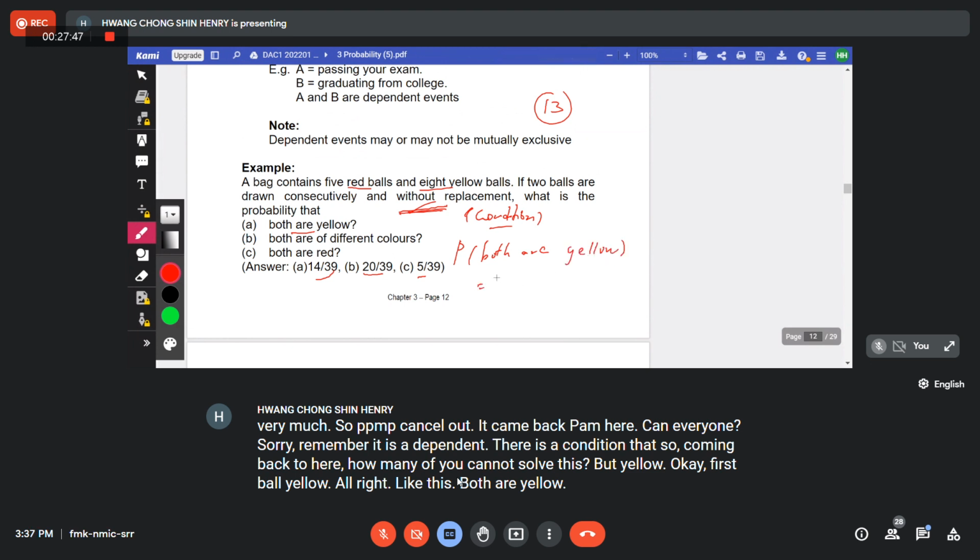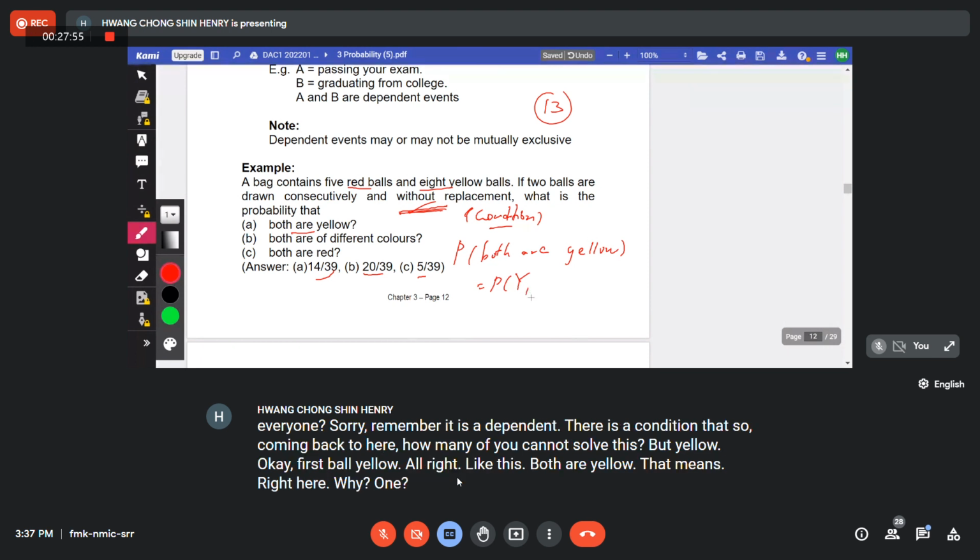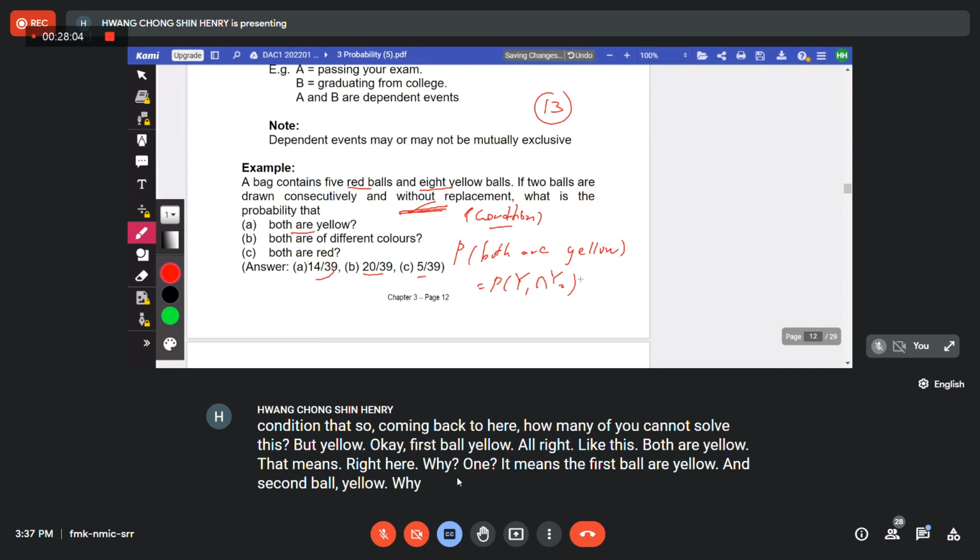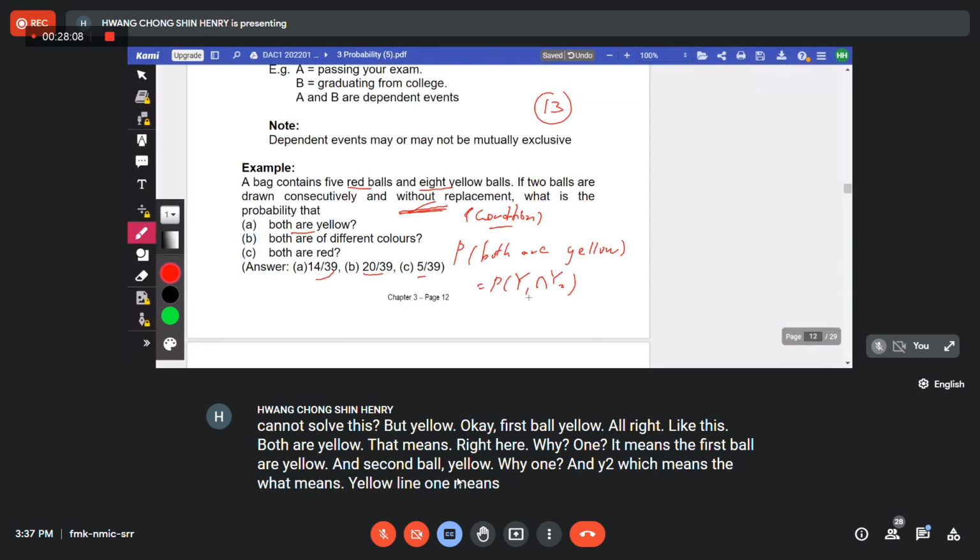That means I write here Y1, that means the first ball is yellow, and the second ball is yellow. Y1 and Y2, where Y means yellow, 1 means first ball, 2 means second ball.